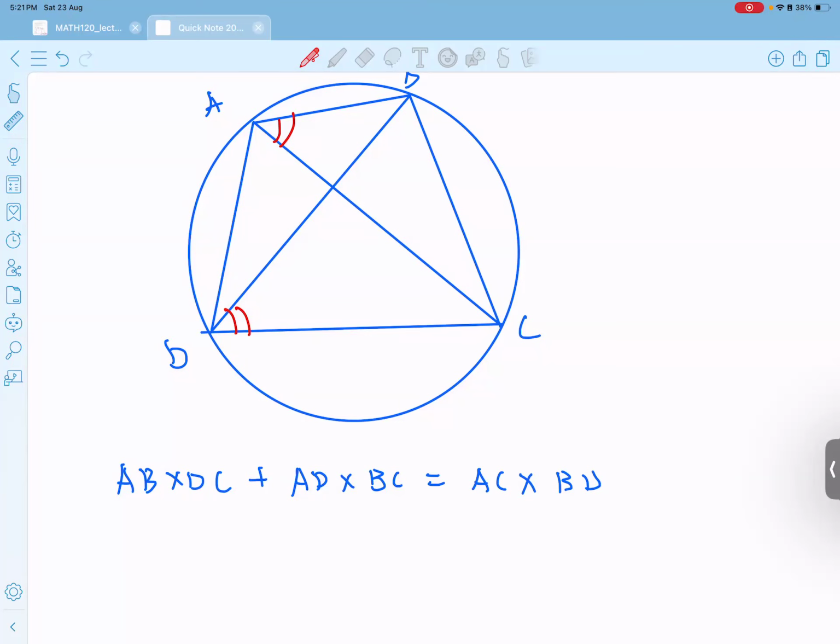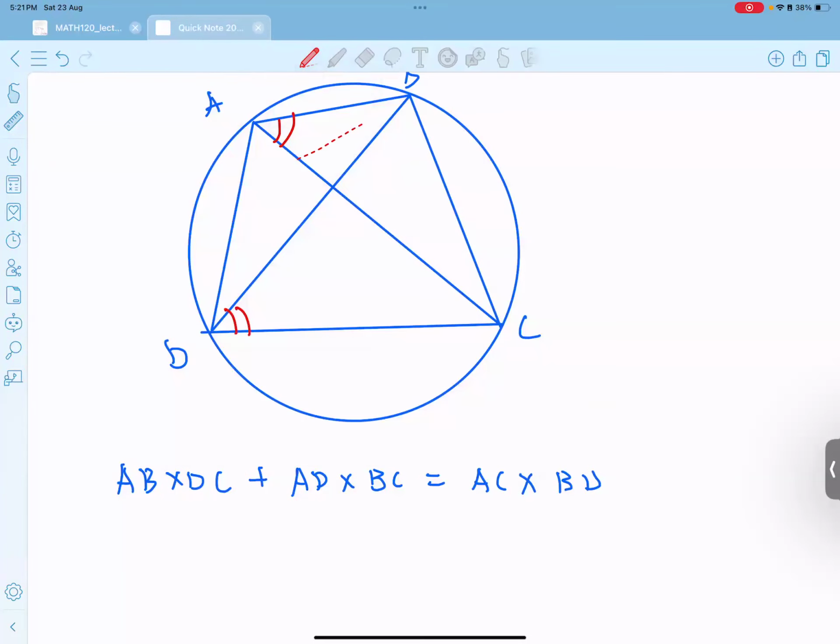Dashed, such that these two angles are equal. So let's call this point E. If you remember from last time, we have a spiral symmetry.